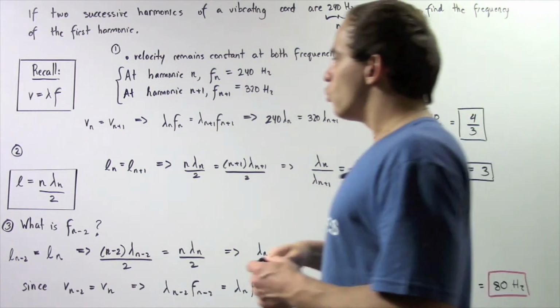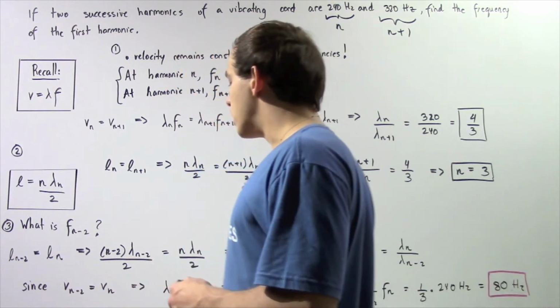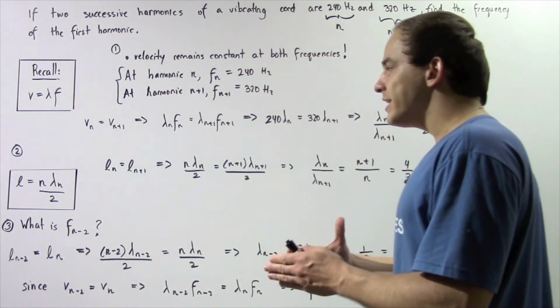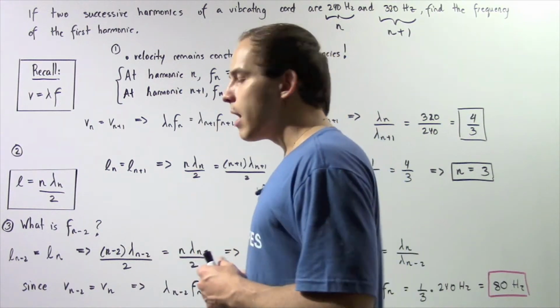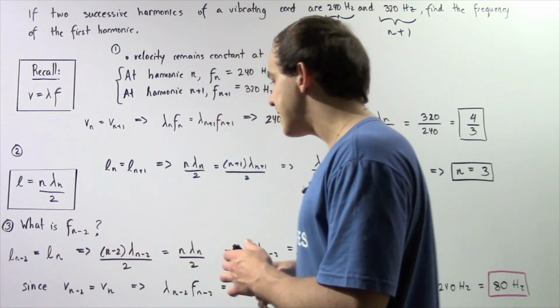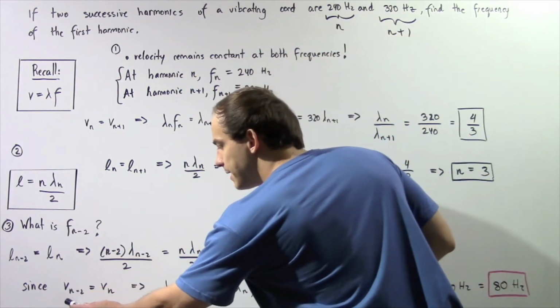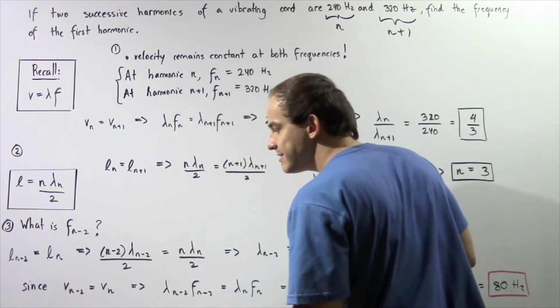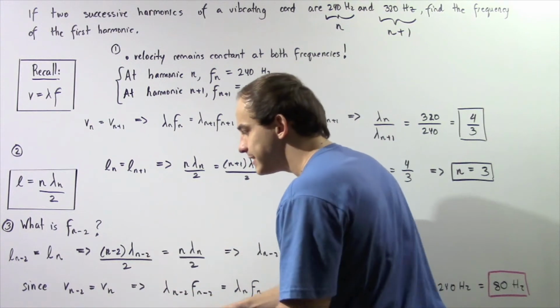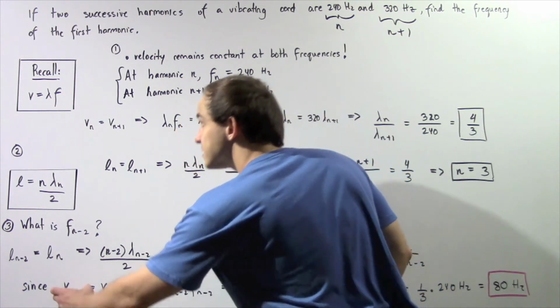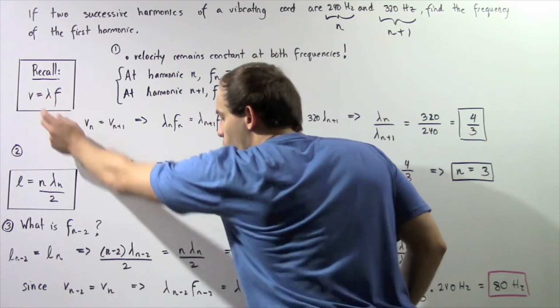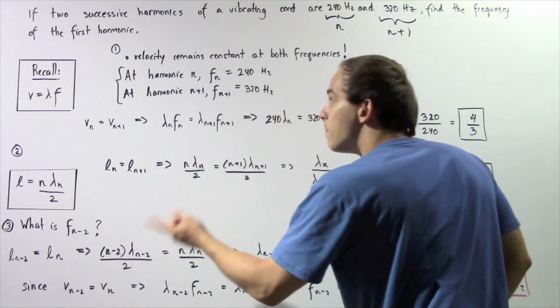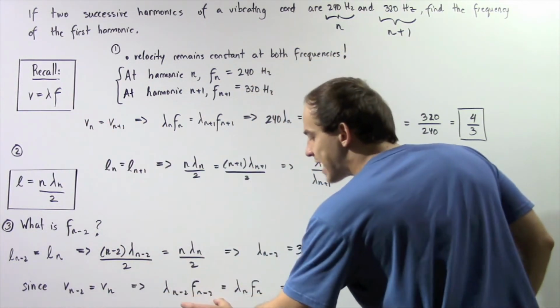And finally, we use this equation once more. Not only is the length the same at every harmonic, the velocity is also the same. So our Vn minus 2 is equal to Vn, which simply means the velocity at any harmonic is constant. So we replace this with the product of the wavelength at that harmonic multiplied by the frequency at that harmonic.